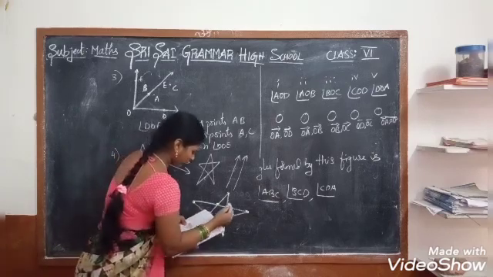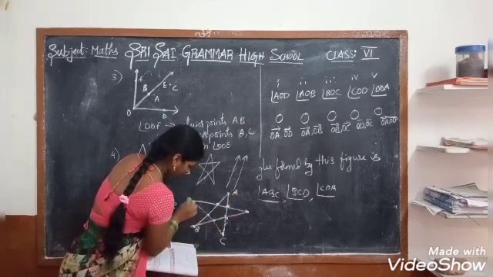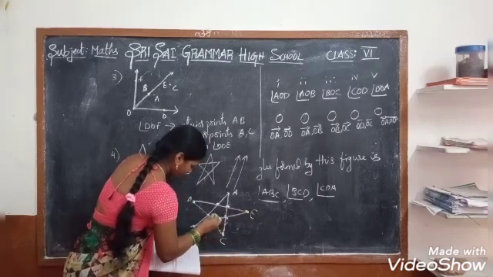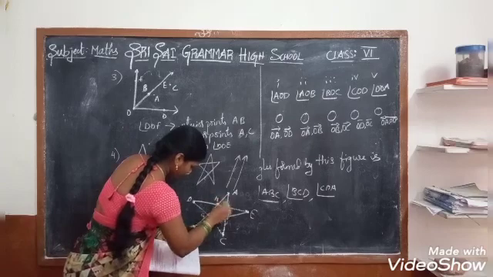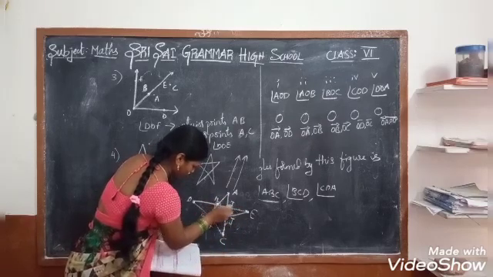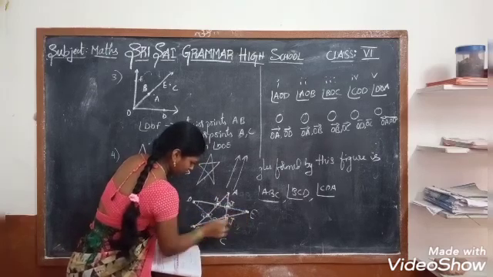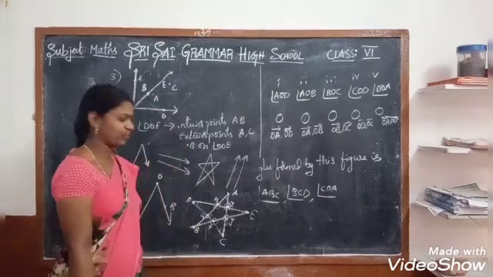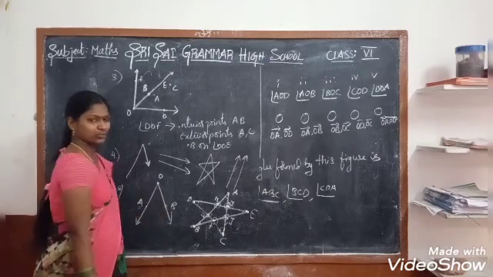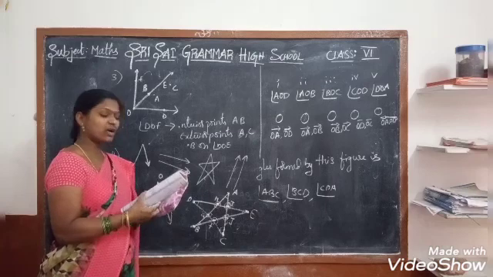Now, for this, I am going to mark A, B, C, D, F, G, H, I, J. These are the angles formed here. This is the angle from point A, point B and the vertex. Understood? With this we completed our 4.3.